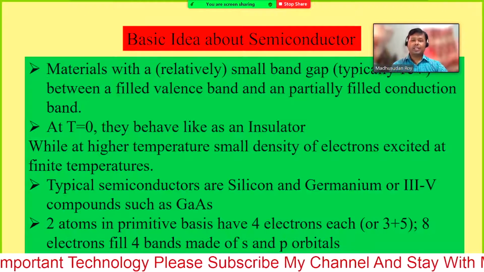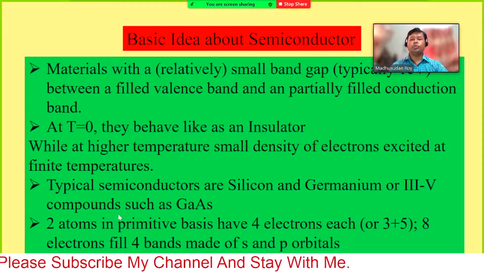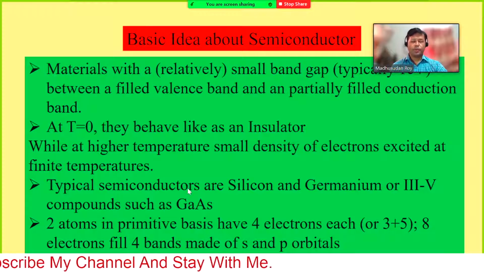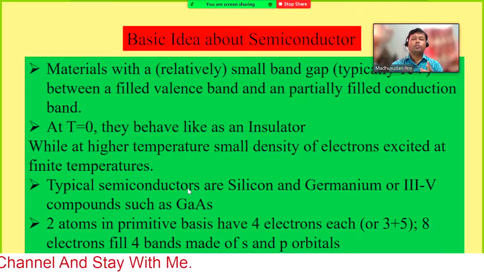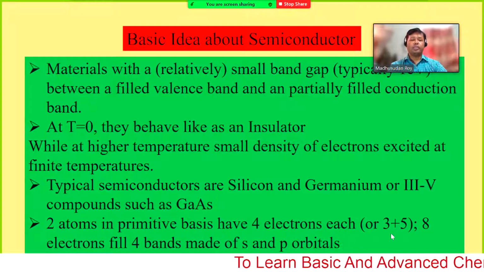So typical semiconductors are silicon and germanium or group 3 to 5 compounds. So group 3 to 5, that means groups 3, 4, 5, these types of compounds are considered as semiconductors in most cases. 2 atoms in the primitive basis have 4 electrons each on average.